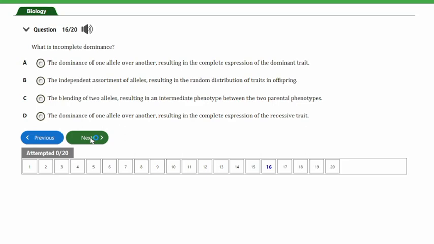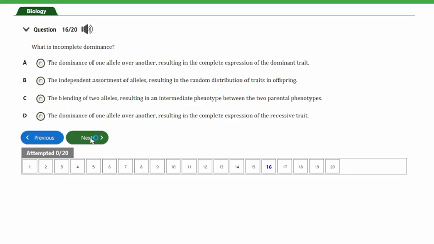B, the independent assortment of alleles, resulting in the random distribution of traits in offspring. C, the blending of two alleles, resulting in an intermediate phenotype between the two parental genotypes. D, the dominance of one allele over another, resulting in the complete expression of the recessive traits.